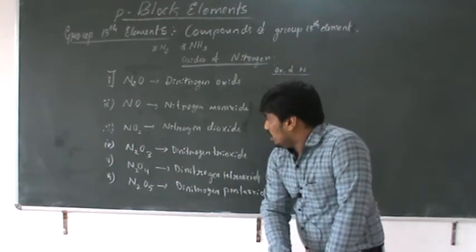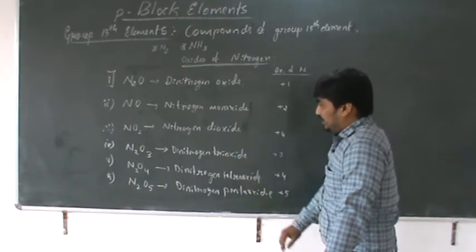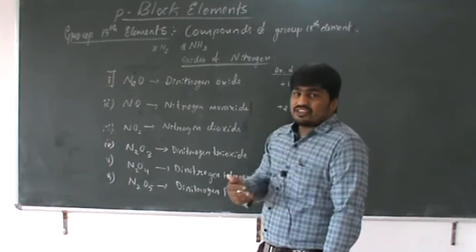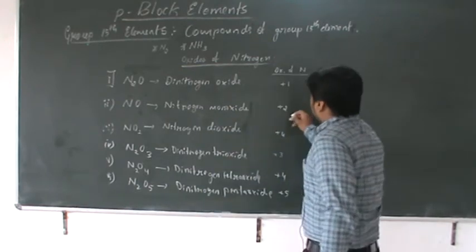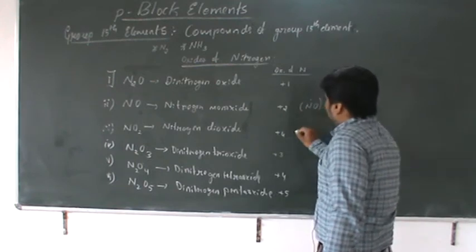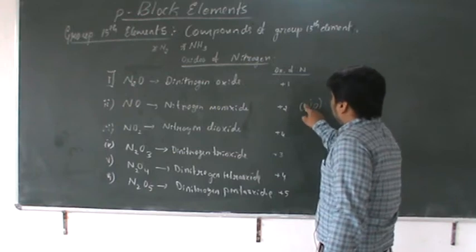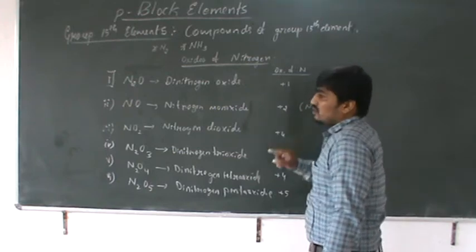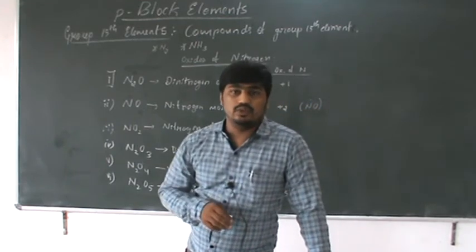But one important thing here is nitrogen dioxide and dinitrogen tetroxide. When we study the structure of these compounds, nitrogen monoxide contains an odd number of electrons. There are 5 electrons and 1 electron remains excess as per the octet rule.